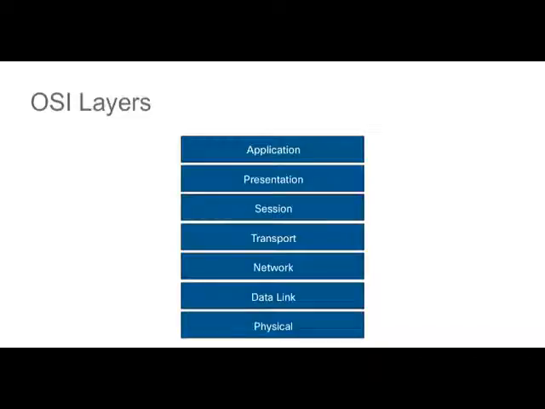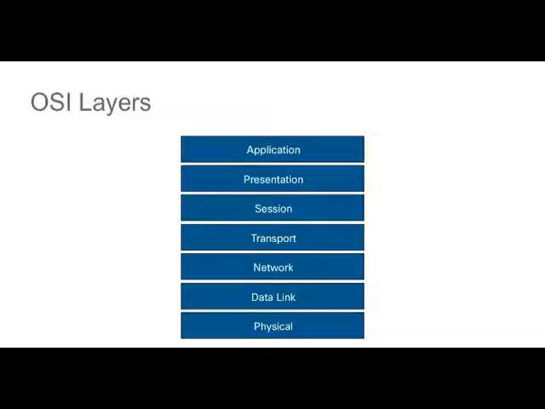And what they were finding is that when you had different networking vendors that had their own model, it was hard to get the different vendors to interoperate with one another. In order to address this problem of interoperability, the ISO, which is the International Organization for Standardization, created this OSI model.